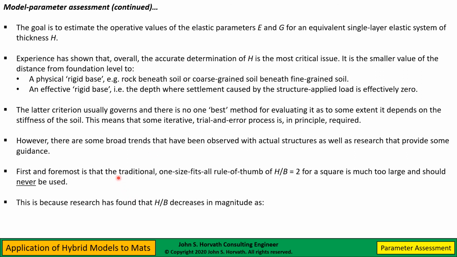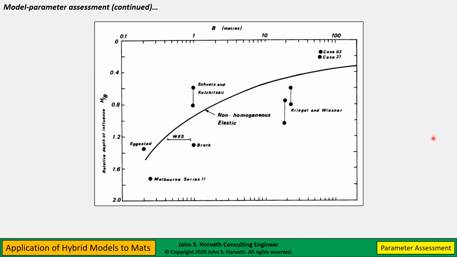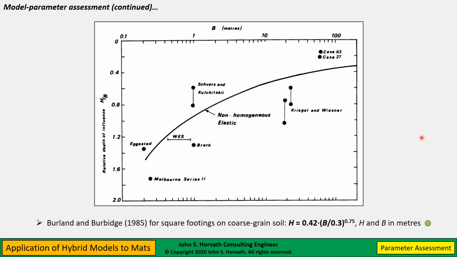And that's because research has shown that this H over B ratio decreases in magnitude as a result of two things. First of all, as B gets larger. And this is a plot that Berlin and Burbidge published in a Geotechnique paper in 1985 of some observed results.